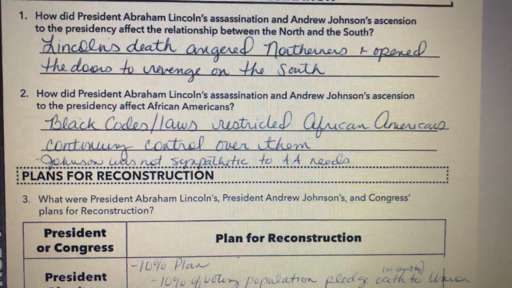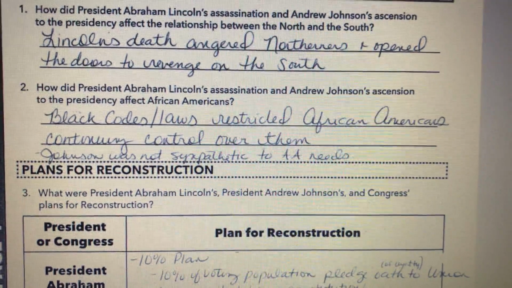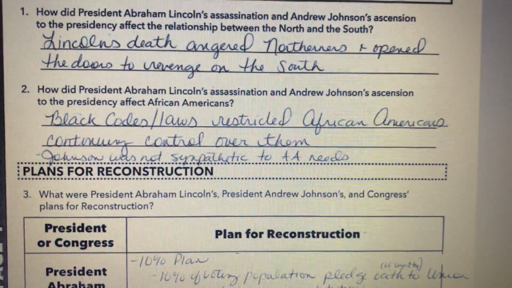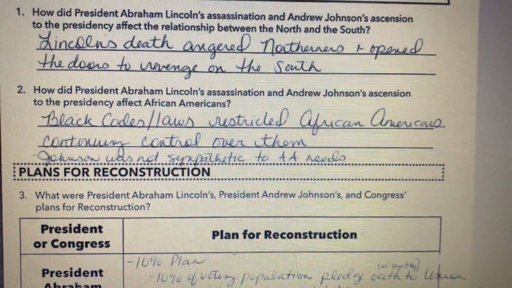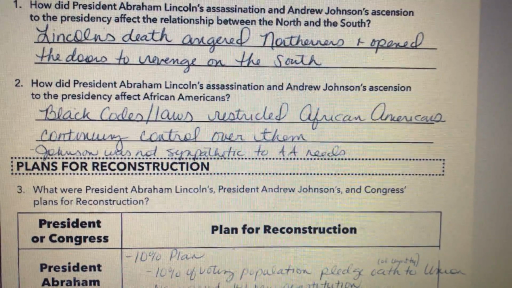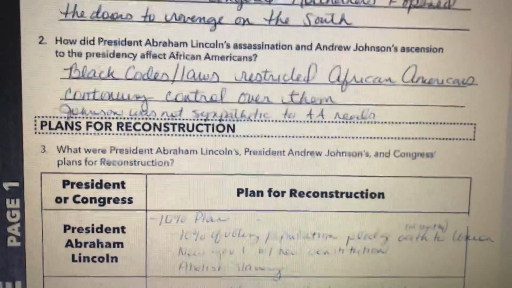I think Lincoln probably would have been against the black codes. However, Andrew Johnson was a Southerner from the Carolinas and a Democrat, and he very much pushed for controlling the African Americans. So he wasn't as sympathetic as Lincoln was.